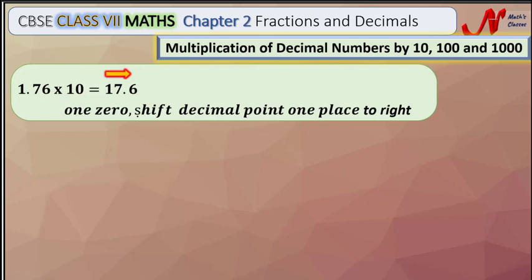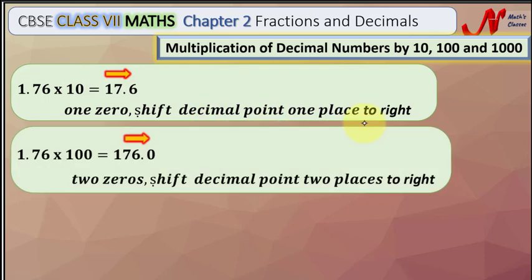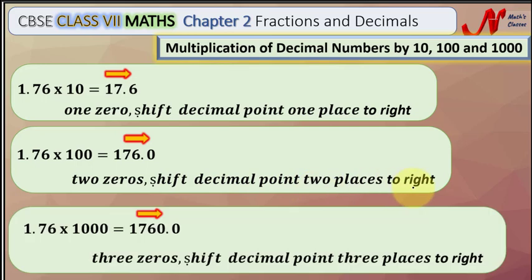From the above examples, simply we can say that when we multiply a decimal number with 10, we shift the decimal point one place to the right, if we multiply with 100, we shift the decimal point two places to the right, and if we multiply with 1000, we shift the decimal point 3 places to the right.